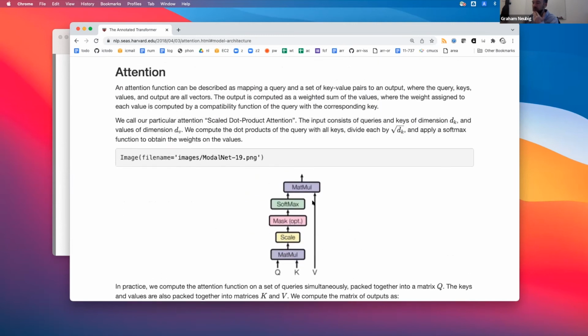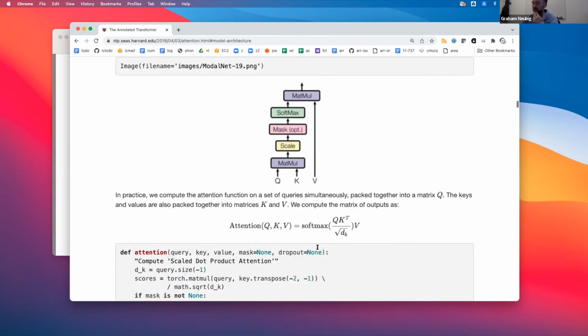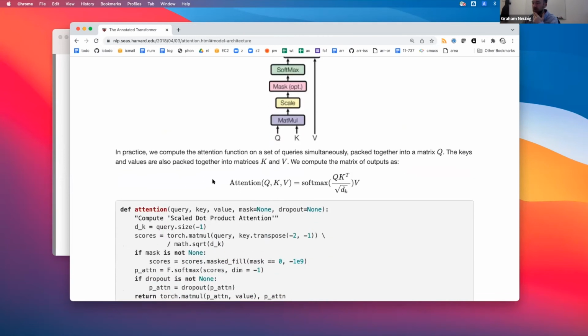Then finally, I'm going to talk about how the attention is done within the transformer. Basically, the transformer attention is doing this sort of dot product attention with scaling. You take the softmax and you multiply this by the value vector.